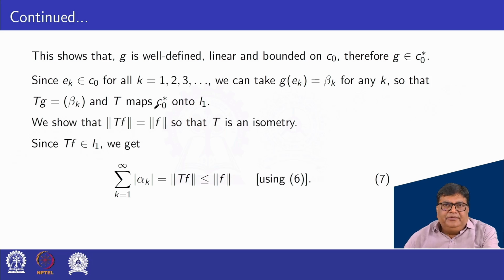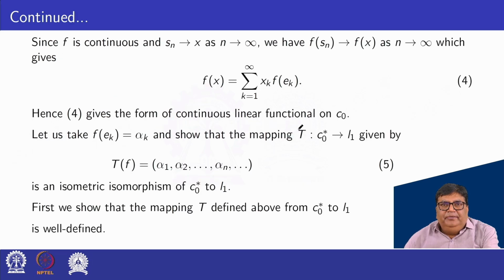And T maps C0 star onto L1. We show that the norm of Tf is equal to the norm of f, so that T is an isometry. Since f is an element of C0 star, Tf is an element of L1.